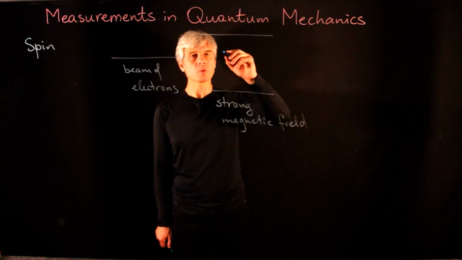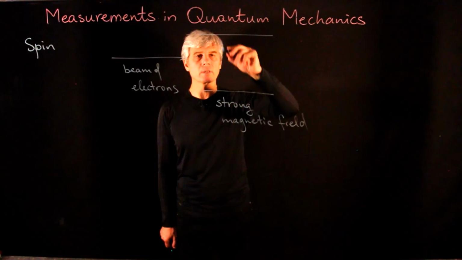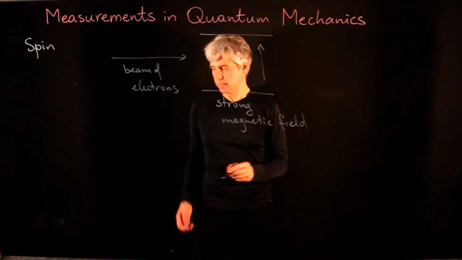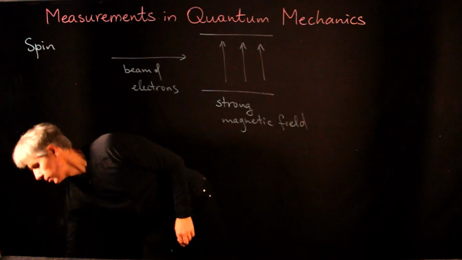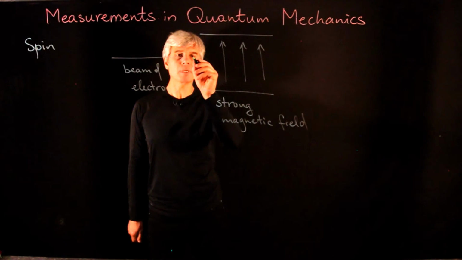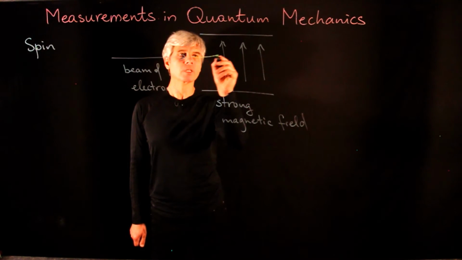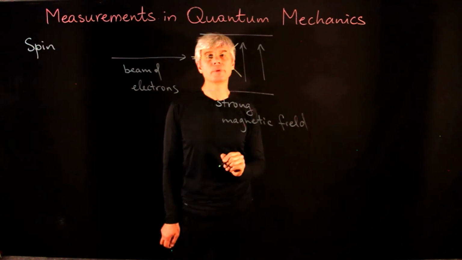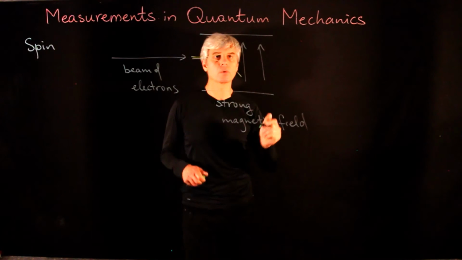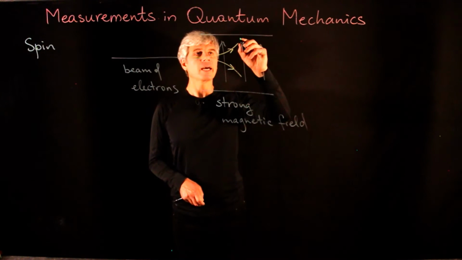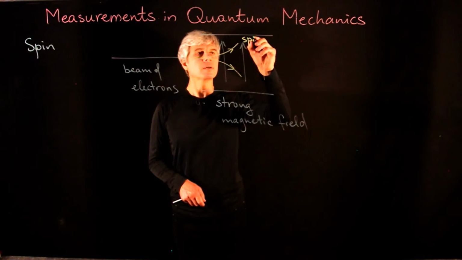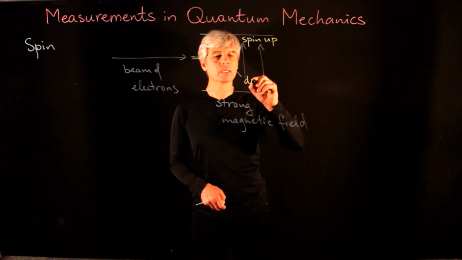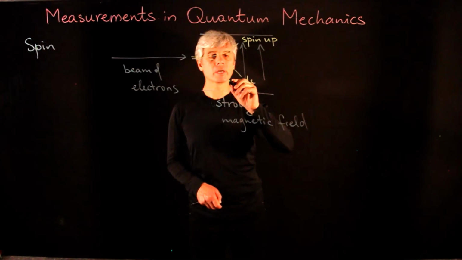And so suppose this magnetic field is vertical. Then what will happen is that this beam of electrons will split into two beams, right? So here we will have spin up, and the second beam will consist of electrons with spin down.